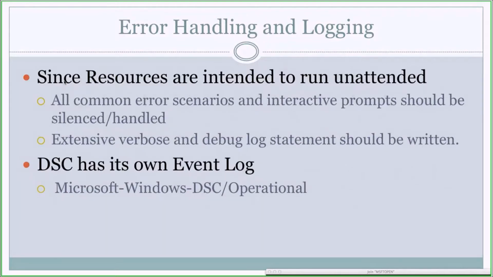Yeah, interactive prompts. This is a big one. If you use @PSBoundParameters to pass along things, every DSC resource is called with -Verbose and -Debug, all the functions, the Set-TargetResource, Get-TargetResource, because it enables the debug and verbose streams.